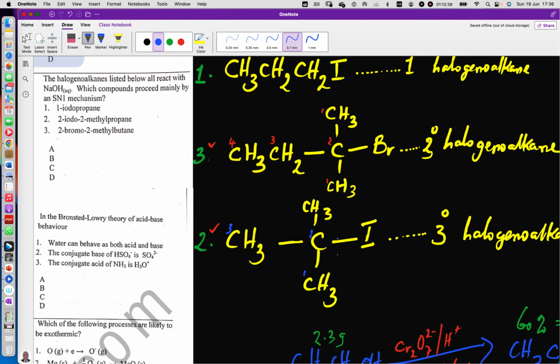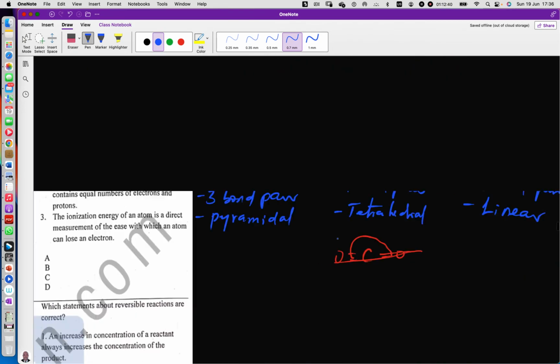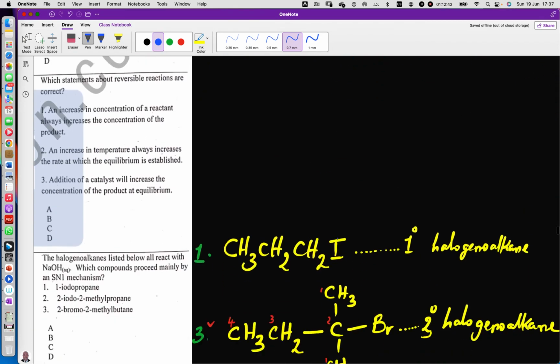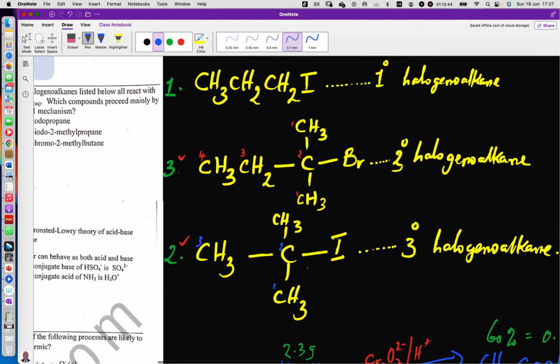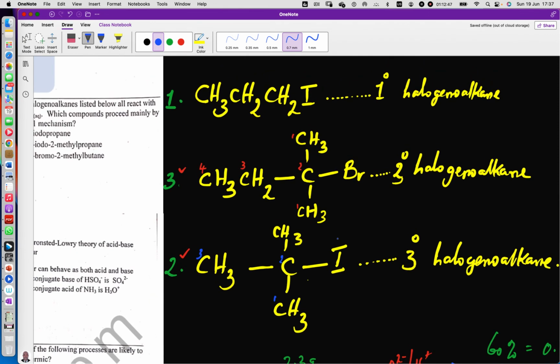And in this reaction here, we don't have any secondary, so only the tertiary are there. The rule is only tertiary and secondary will undergo SN1. But in this case, we don't have any secondary here. We have only 2 tertiary and 1 primary. So primary is not involved.